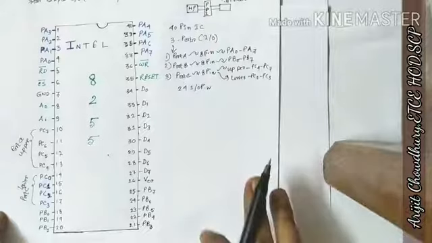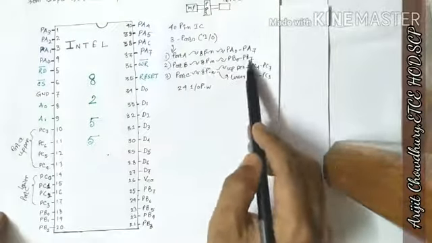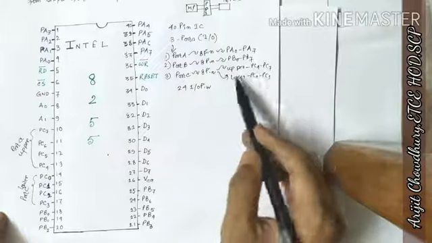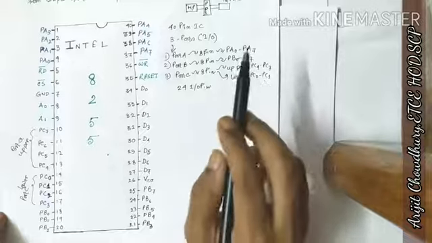These are the port configuration: PA0 to PA7 is port A, PB0 to PB7 is port B, and port C is divided into 2 parts, port C upper, PC4 to PC7, and port C lower, PC0 to PC3.